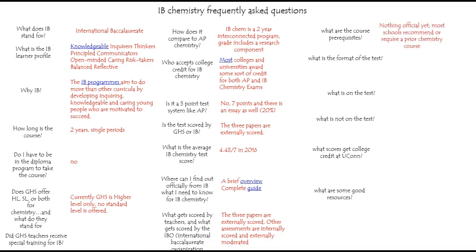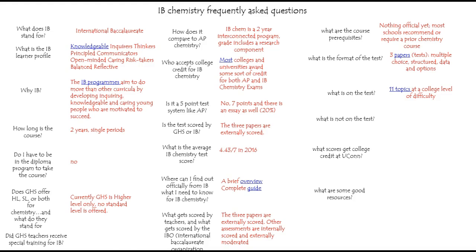The prerequisites, there is nothing official, and in fact, most students will arrive having not taken an official chemistry course. The format of the test, as alluded to before, is those 3 papers: multiple choice, structured, and data and options. What's on the test? 11 topics is how it's typically divided, and these are at a college level of difficulty.